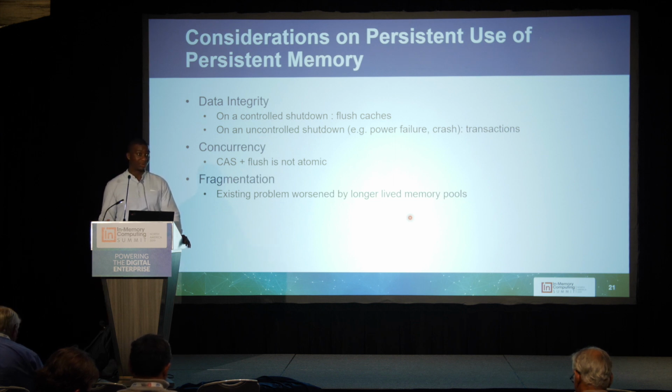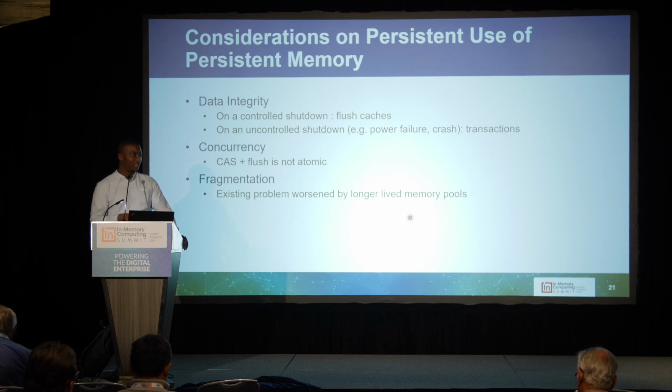That mitigates the problem, but it doesn't completely eliminate it. Also, from the application point of view, if you're aware of your allocation patterns, you could reuse memory. That will help with fragmentation as well. This is not a comprehensive list, but from our experience trying to apply persistent memory in multiple areas, these are some of the things that we think you should also think about.